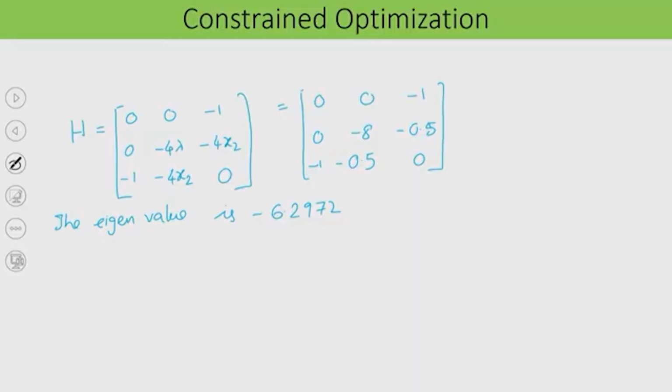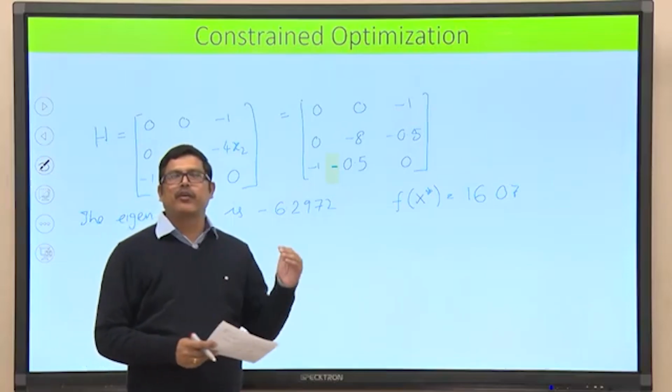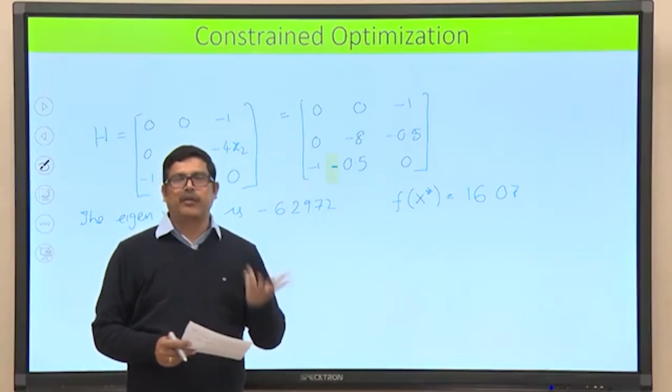And if we calculate the function value, that is f x star, that is equal to 16.07.